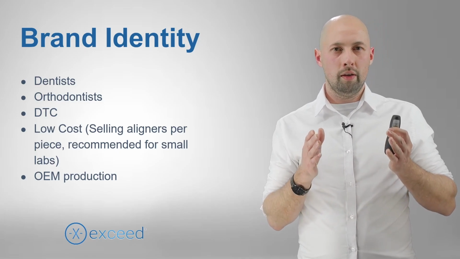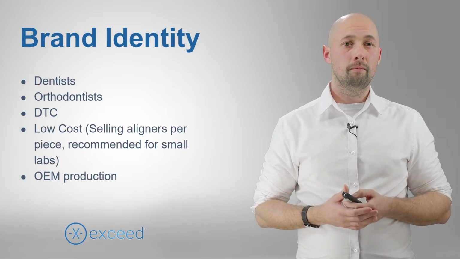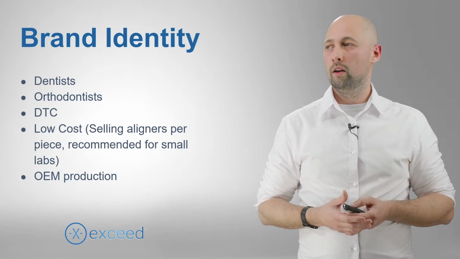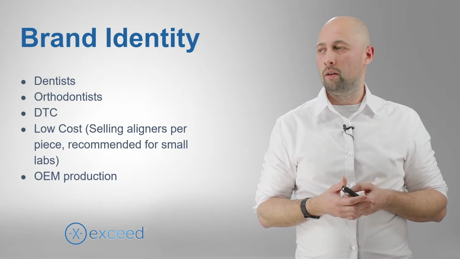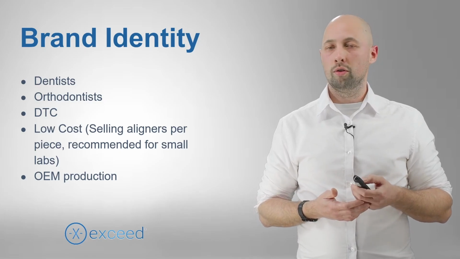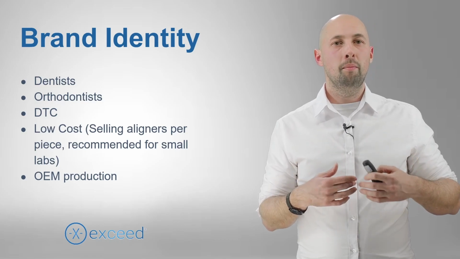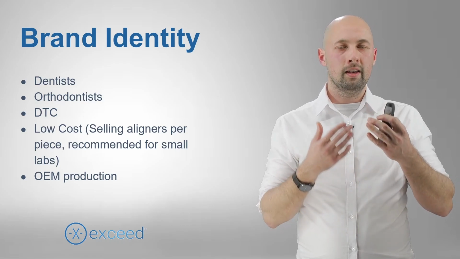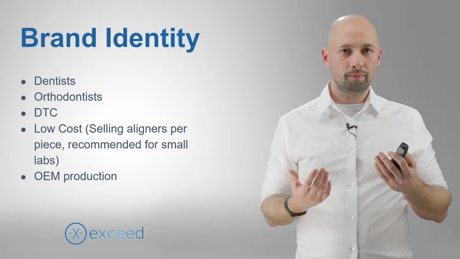We say that they can produce the aligners in office using the files generated after the treatment planning. But if they don't have time, or don't have the person at the moment, or the equipment, they can also order the aligners from us and pay per aligner. So in that sense, the aligners are becoming more affordable.